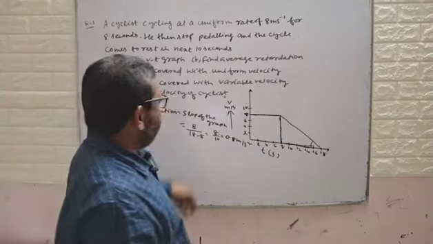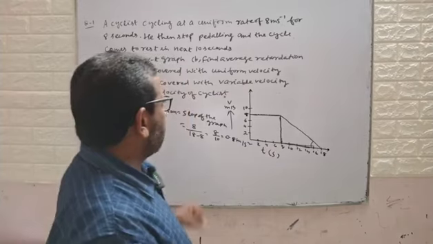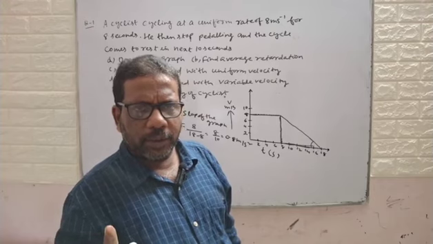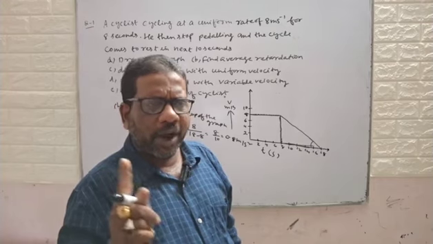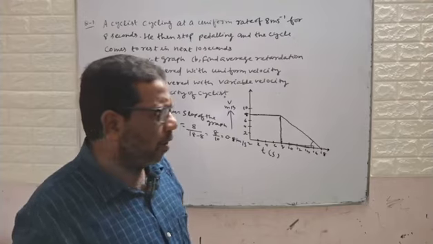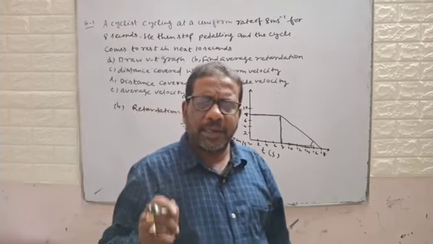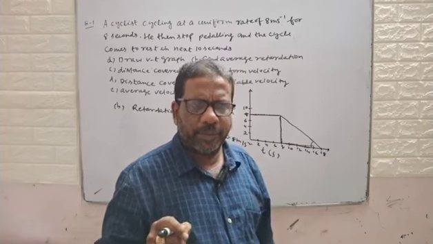Now, then we have to find distance covered with uniform velocity. In the VT graph, if you have not seen my video, in the previous video, I have explained how to find the distance from VT graph.